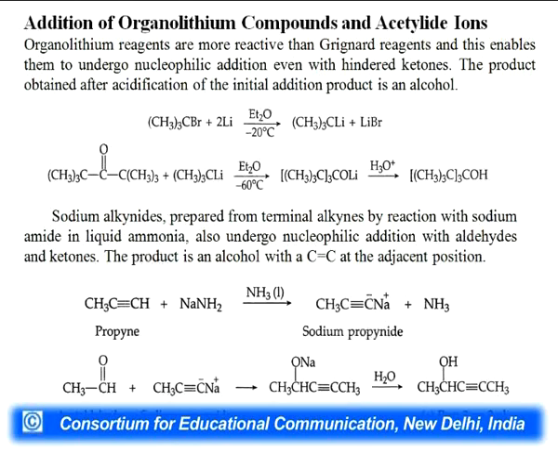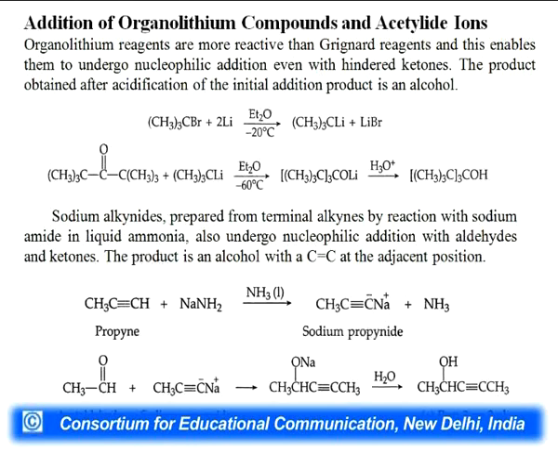So, the product obtained after acidification of the initial product is an alcohol. These are the reactions to form the organolithium compound. When these organolithium compounds react with hindered ketones, they will give you the alcohol.